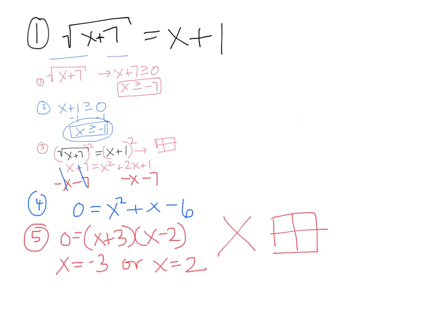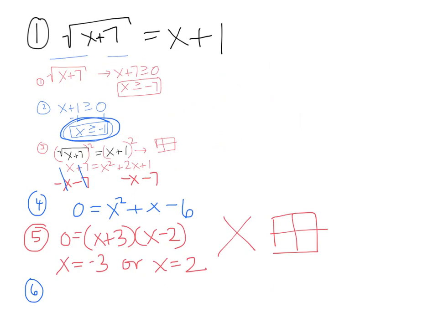Those are my answers. So step 6 tells us that we need to check to see if any of the solutions need to be eliminated based on the restrictions from step 1 and 2. We're going to check by just plugging those in. So remember before we said we're a little bit more interested in this domain restriction because if it's bigger than or equal to negative 1, it's already bigger than or equal to negative 7.